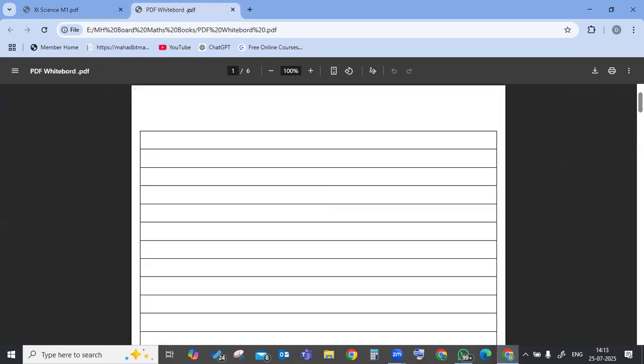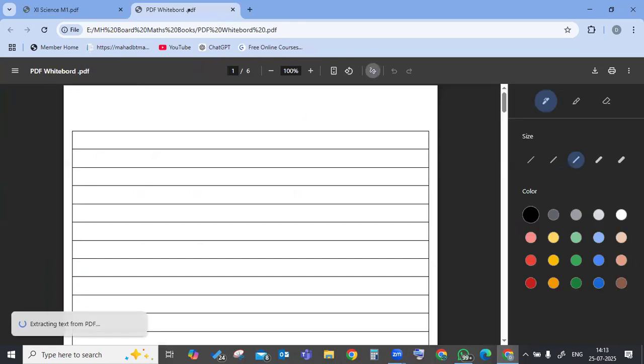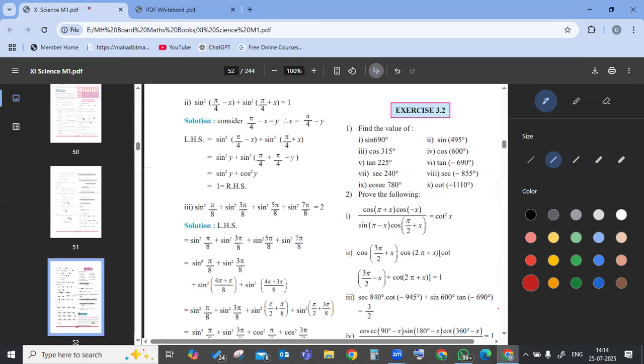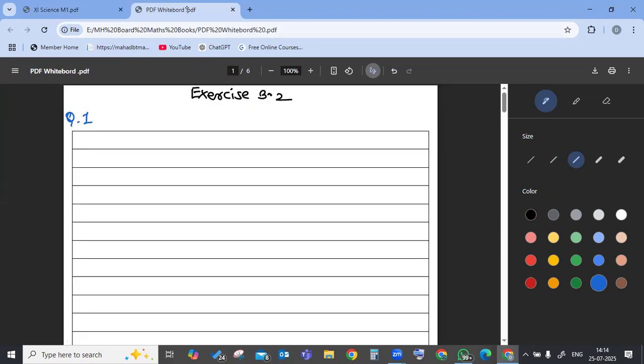Exercise 3.2, question 1. We have to find the value of first sine 690 degree.